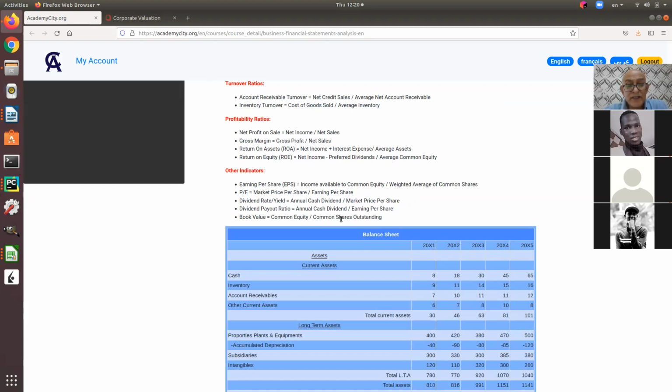The next one is very interesting, by the way. It's how much of the earnings that the company has made per share the company actually distributed to the shareholders. This should be the annual cash dividend per share. So how much is the dividend as a percentage of the earnings per share?